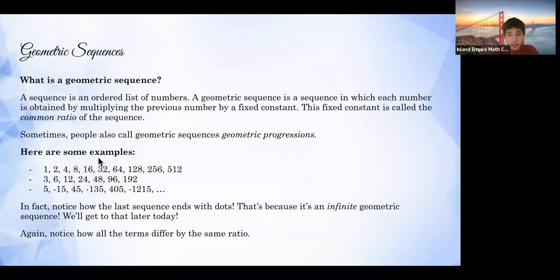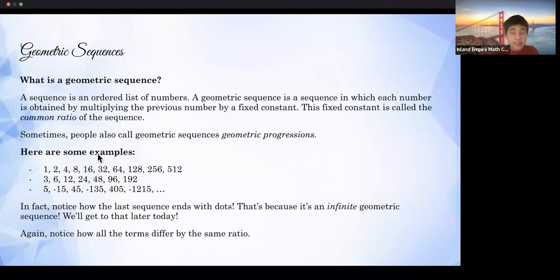Let's take a look at some geometric sequences. Here you can see that 1, 2, 4, 8, 16, 32, 64, 128, 256, and 512 are in fact a geometric sequence. Why is that? If you look at this ordered list of numbers, going from 1 to 2, what do we multiply by?